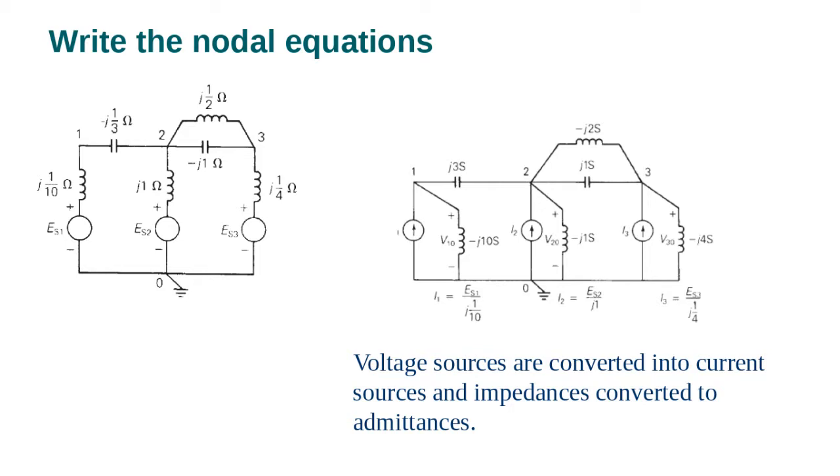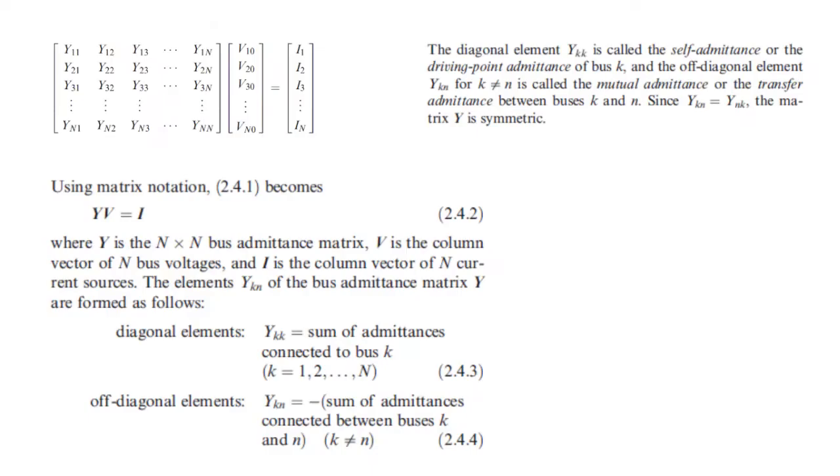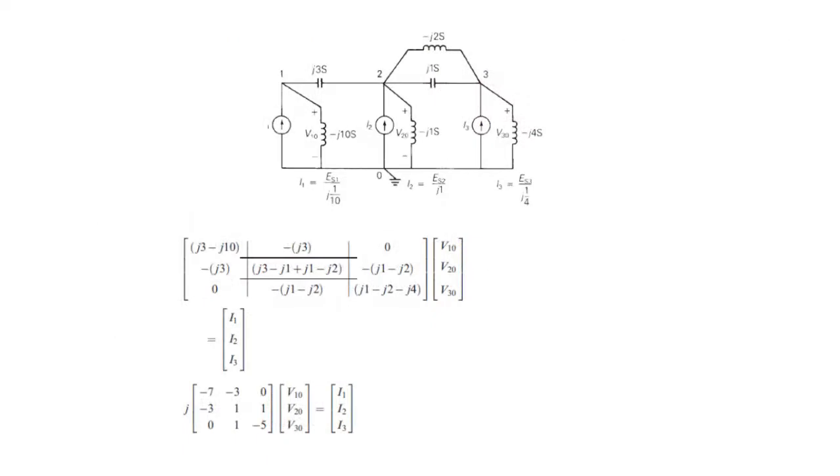Okay, but because we say V1 minus V2 over the impedance Z, Y21 will be minus J3S. So we put the off diagonal as minus. Therefore Y12 will be minus J3, as you can see here.